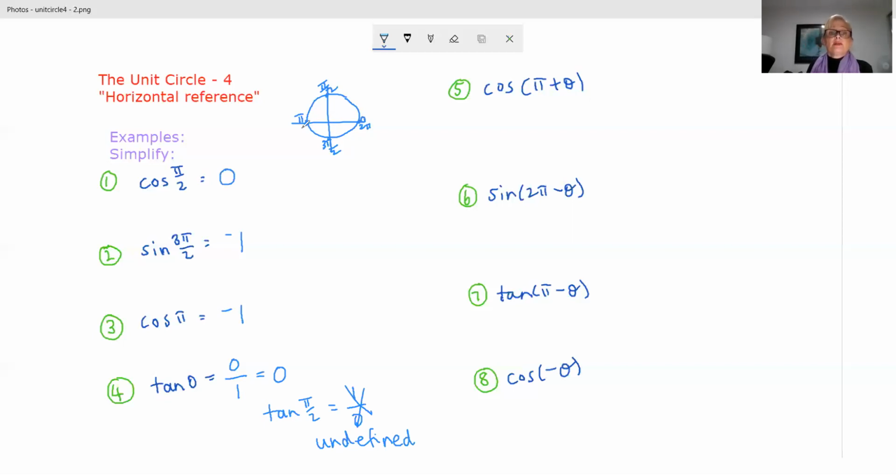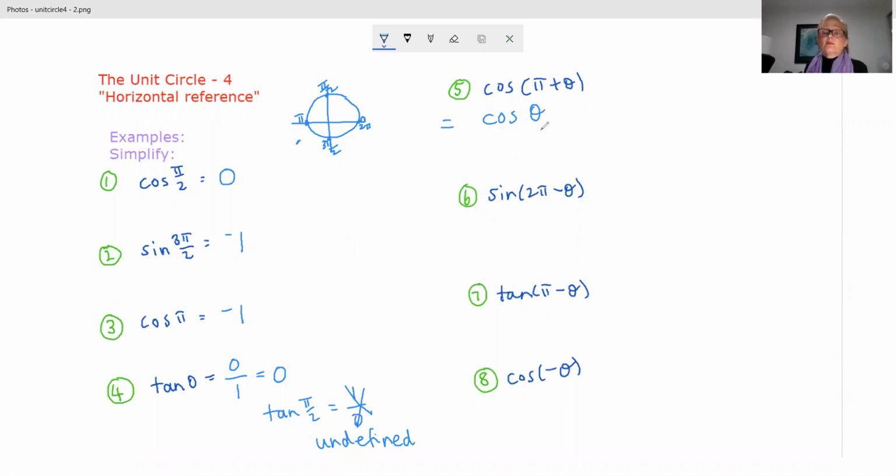All right, cos of pi plus theta. Now, pi plus theta we're talking about here. We're in our third quadrant. It's a horizontal reference, so we know it's going to be cos of theta. We're just not sure whether it's going to be positive or negative. I'm deliberately going to go through the process here of putting a plus if it is positive.